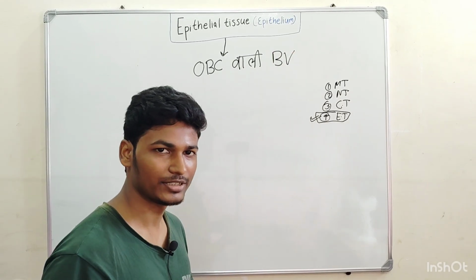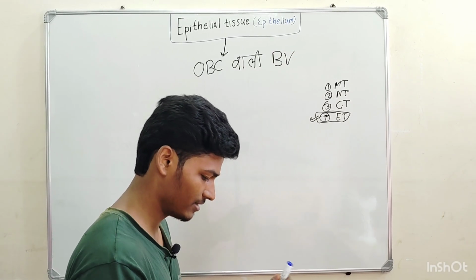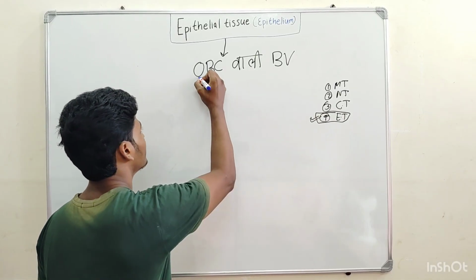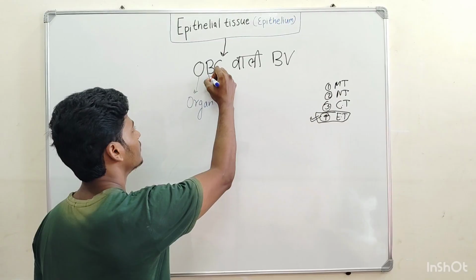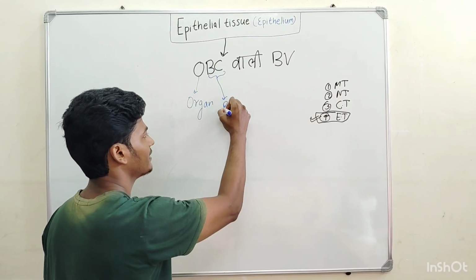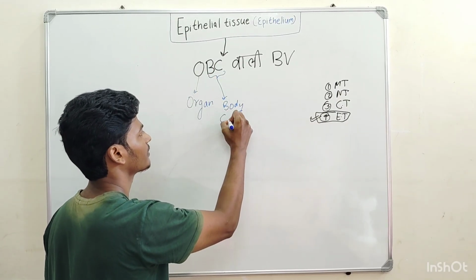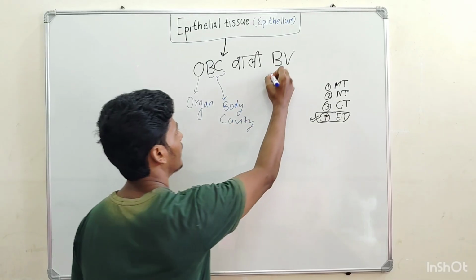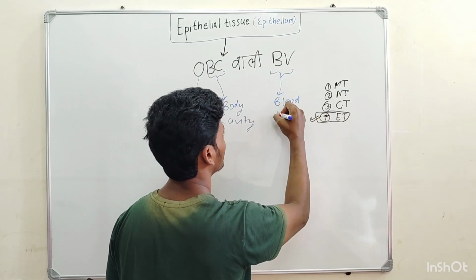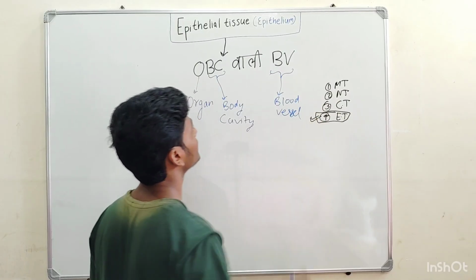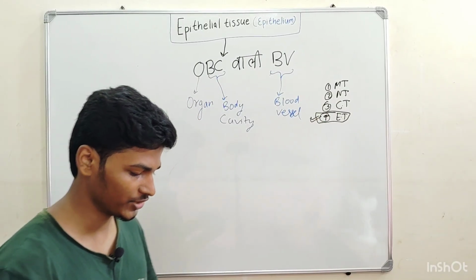So epithelial tissue is just a covering of our organ, body cavity, and blood vessel. So this is the definition of epithelial tissue.